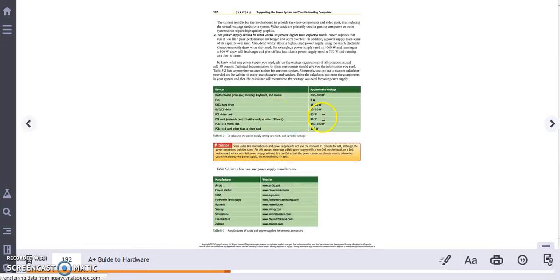Go to the power supply manufacturer's website, and they usually have a selection screen of the type of power supply. It helps you select based on the different items that you enter, and then it will say, this is what you need. But in general, go with the biggest one that you can afford.